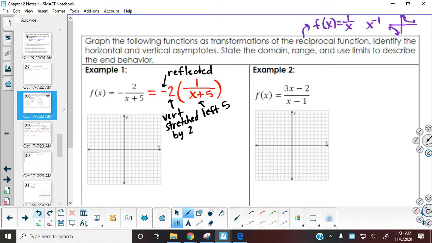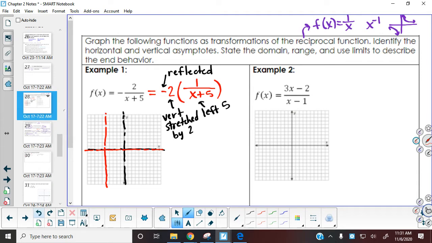So your asymptotes are originally at your axes. In other words, my original asymptotes are the x-axis and the y-axis, but now it's been shifted. So I'm going to do this in red. It's been shifted left 5 units, so over 1, 2, 3, 4, 5 units here. It hasn't been shifted up and down, so you still have the asymptote there.